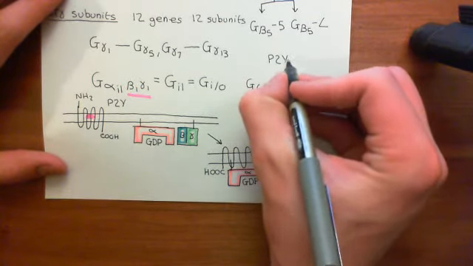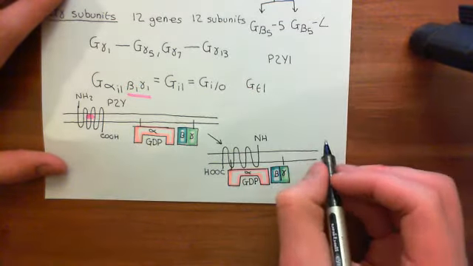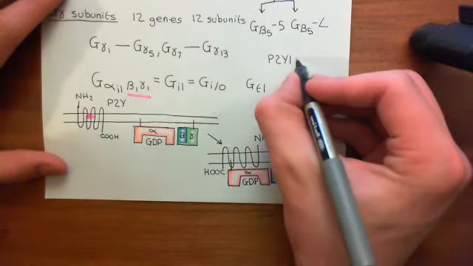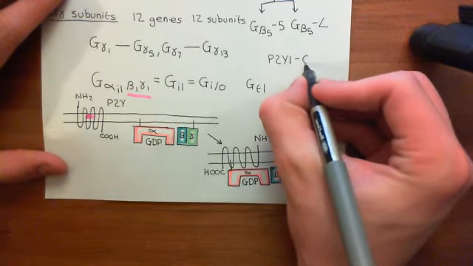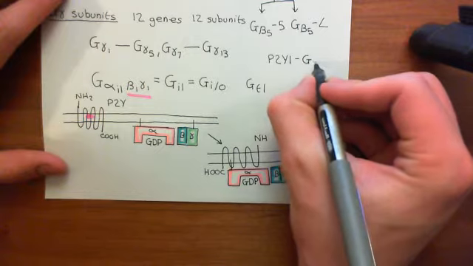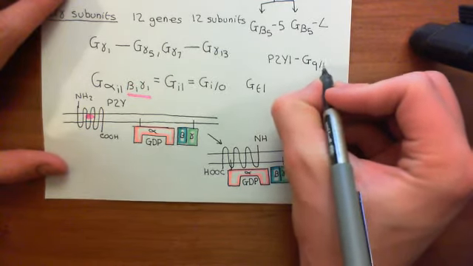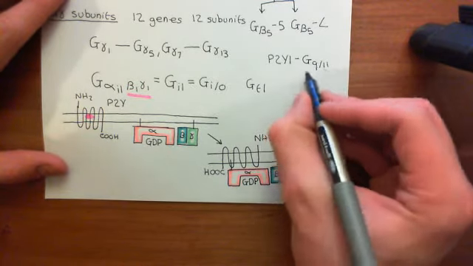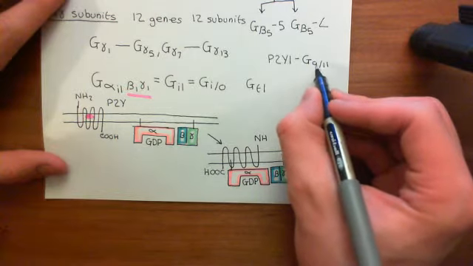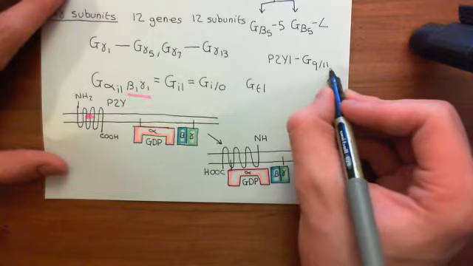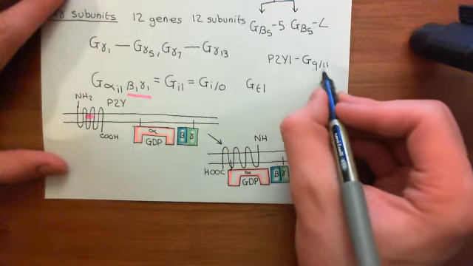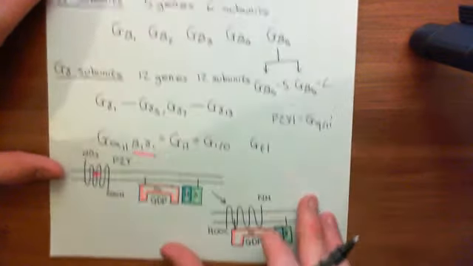Okay, so we'll start with P2Y1. Which alpha subunits does P2Y1 like? Well, basically it likes heterotrimeric G proteins of the GQ/11 type. Now remember what this means. This means it's going to bind to heterotrimeric G proteins where the alpha subunit is within that family of G alpha Q/11.